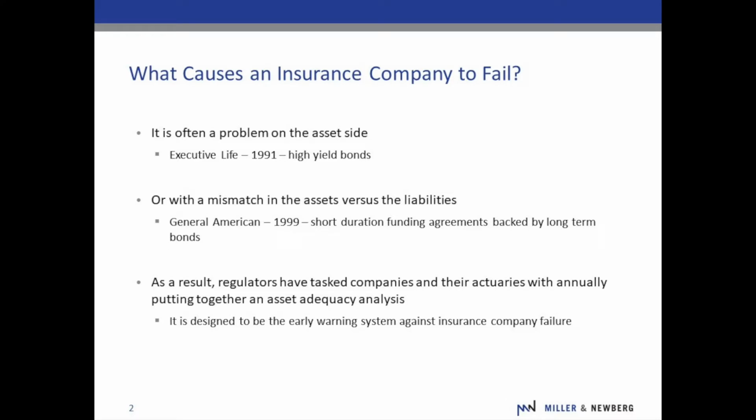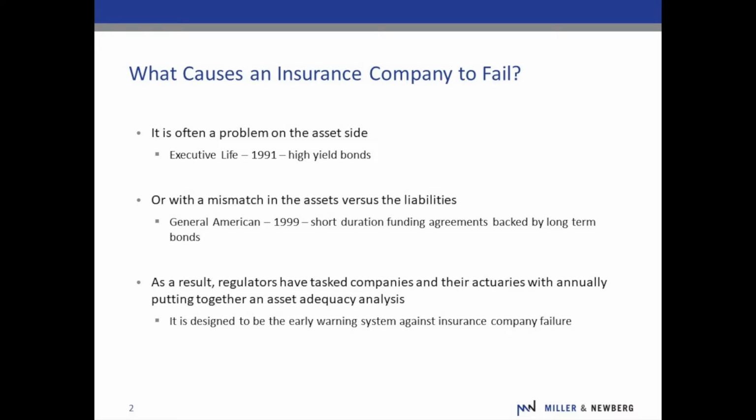And so they felt they had an expertise there. Well, in 1991, a recession hits. A lot of those underlying companies had more financial difficulty than Executive Life expected. The market value of those bonds fell quite a bit. And as a result, the company became insolvent. And so it can be a problem on the asset side.